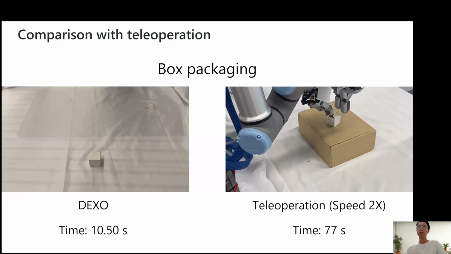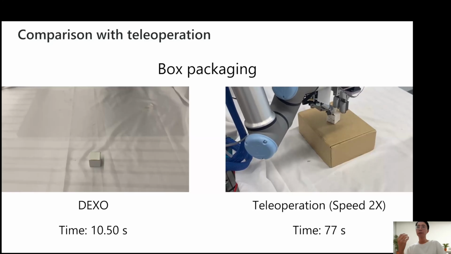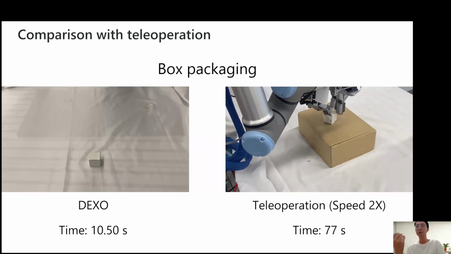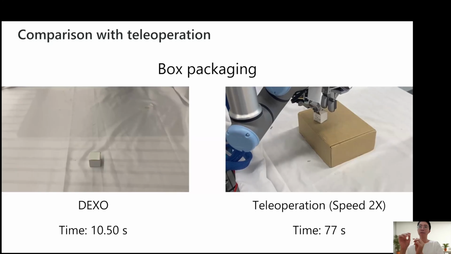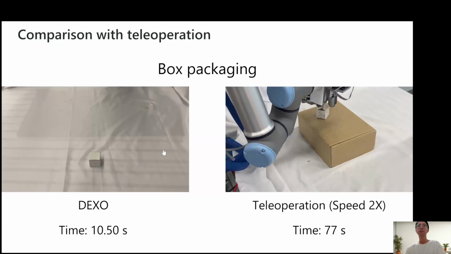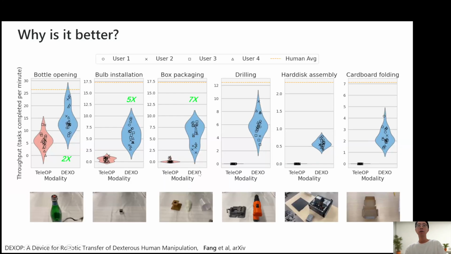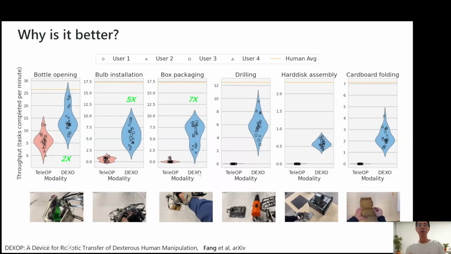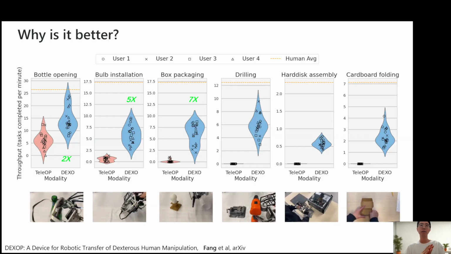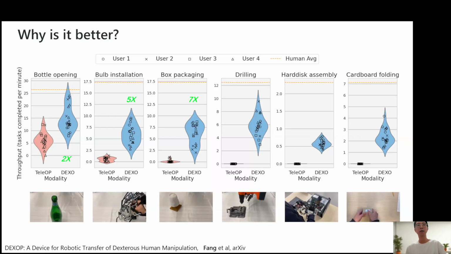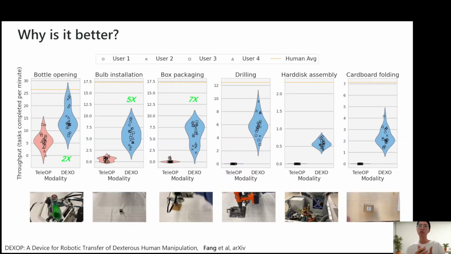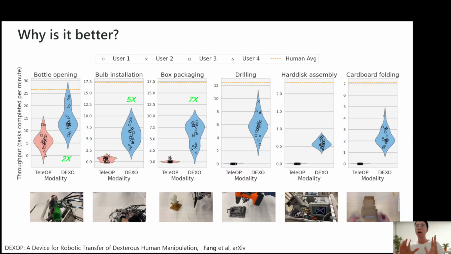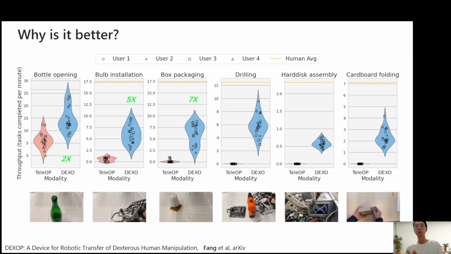The reason is that the lack of tactile feedback makes it very hard for humans to decide what to do at every minute or every second. So we invited 4 different users to conduct comparisons on 6 different tasks, including bottle opening, bulb installation, box packaging, drilling, hard disk assembly, and cardboard folding.